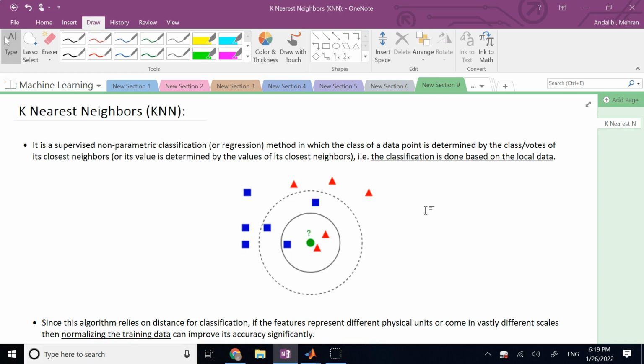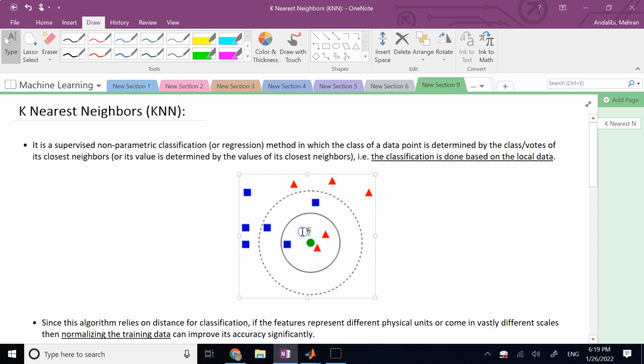You have no prior information about the data, and that's one of the advantages of this method, that it does not need to define a model or have any a priori information.